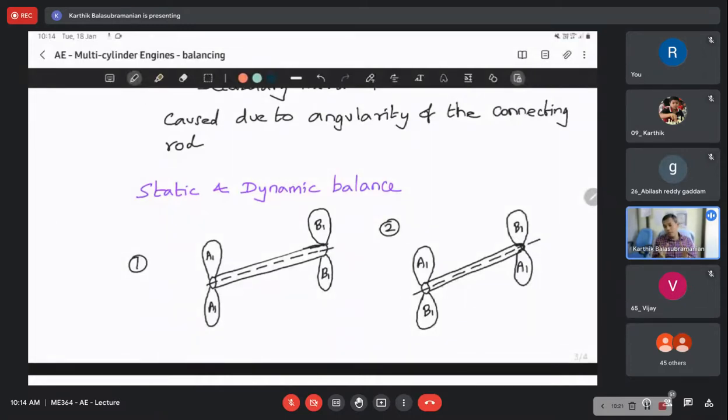So as long as the shocks that are experienced by the crankshaft are balanced by counterweights for smooth rotation of the crankshaft, then primary inertia forces are taken care of. But secondary inertia forces are caused due to the angularity of the connecting rod. What is this angularity? I'll just show you one diagram that will make things clear.